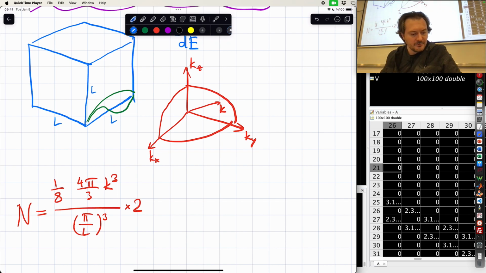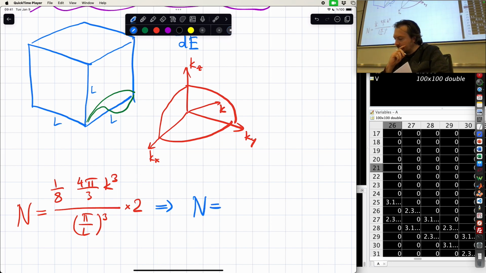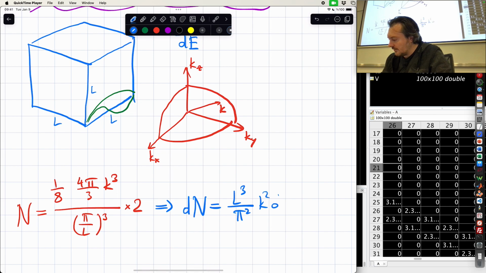So I have some relationship between N and K, okay? What is that relationship? Can you help me out? You are not going to help me out. I'm just going to copy whatever I have in my notebook, okay? I have L cubed pi squared K squared dk.